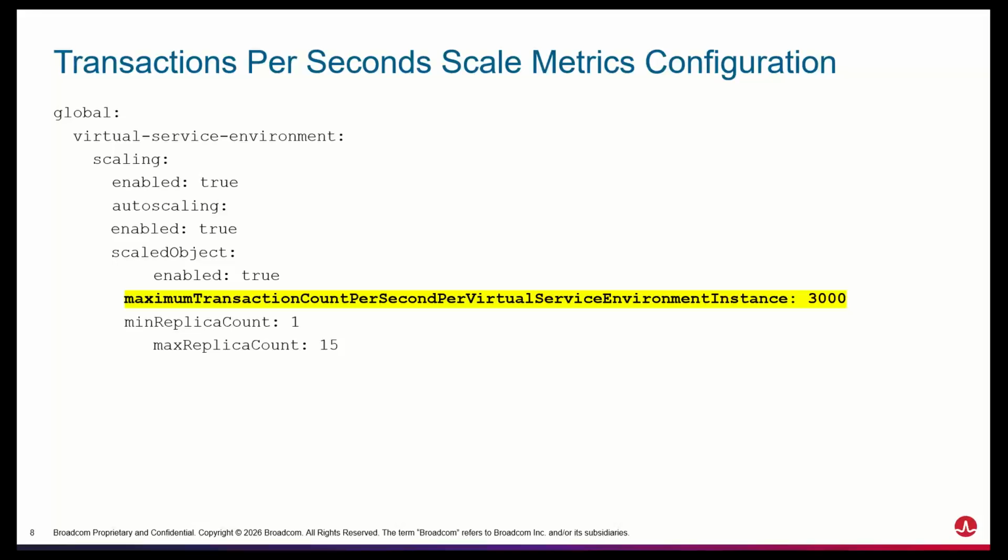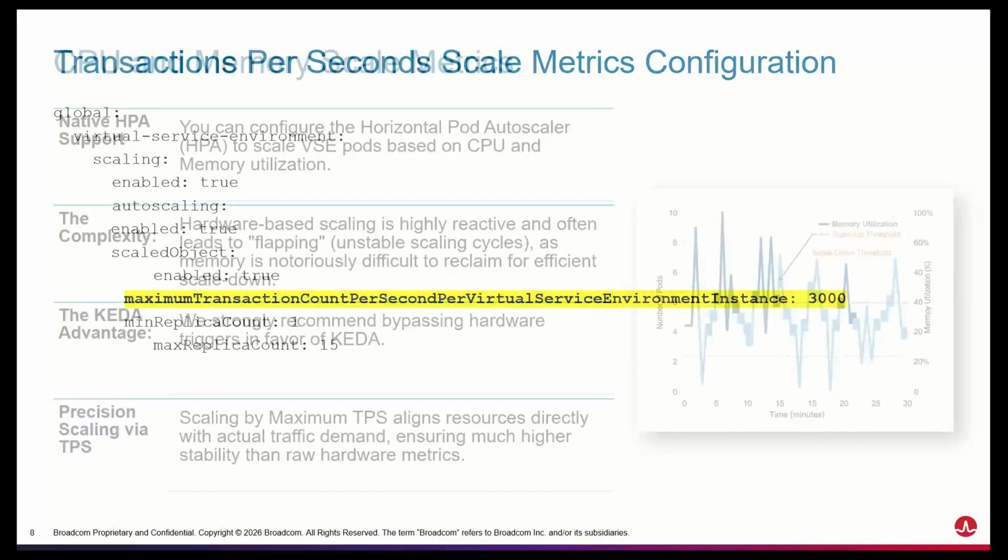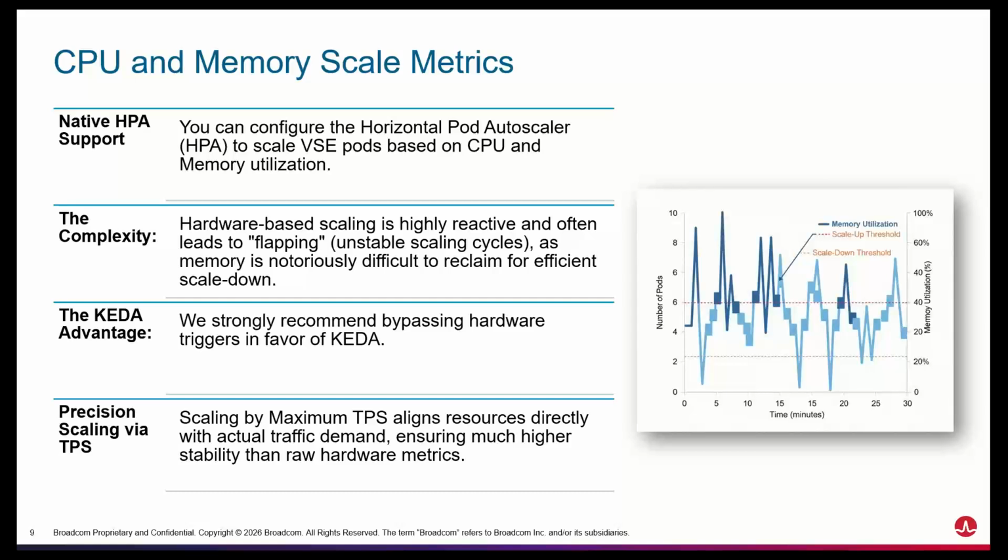A second method that we allow is by CPU and memory. Here we're using the native HPA of Kubernetes. There is a caveat here. Knowing how to deal with the HPA is not as easy as KEDA. In KEDA, we say this is the TPS that I need, and I'm using this type of TPS.